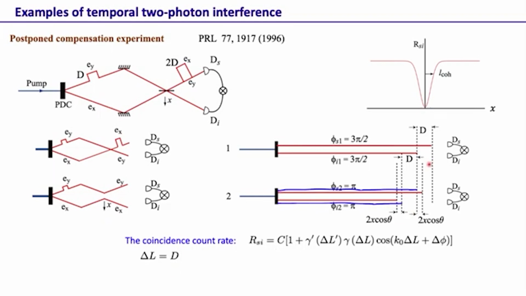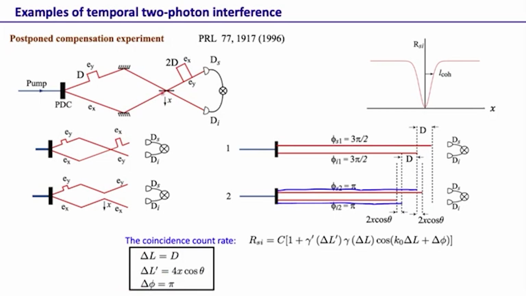Delta L in this case is the separation between this midpoint and that midpoint, which is just D. Delta L prime is 4x cosine theta, because this difference and this difference are equal, so their difference is 0. In the balanced position, delta L prime is 0. It's only when we introduce x that we get delta L prime, and that's 4x cosine theta, and delta phi is just pi.